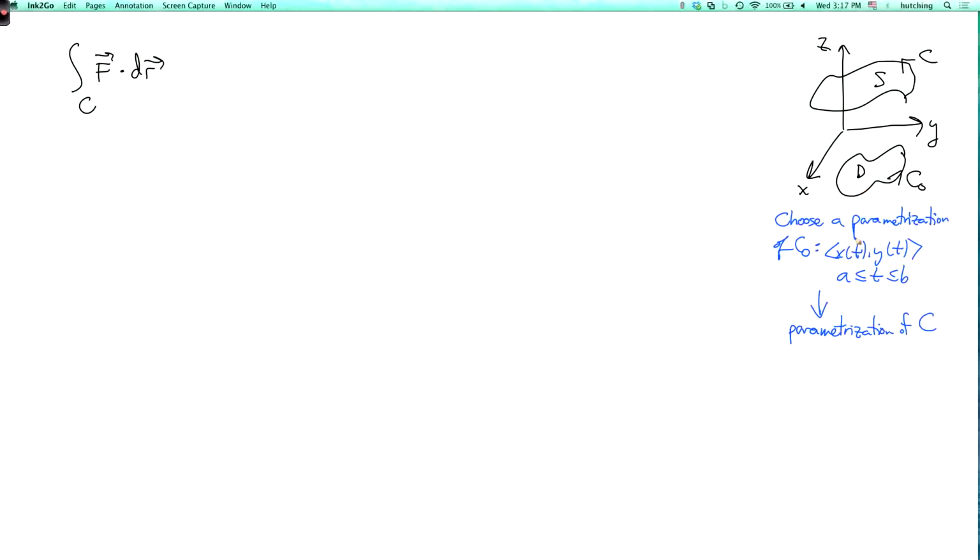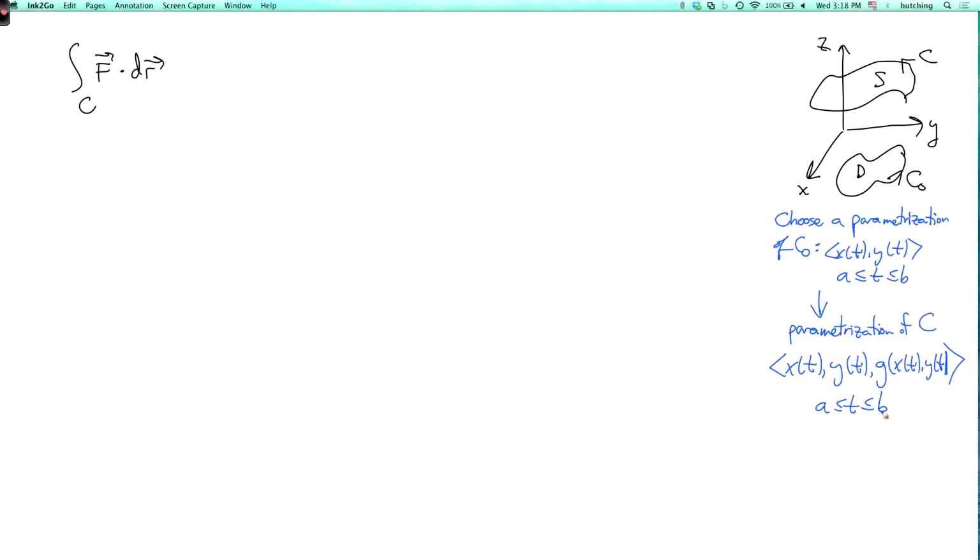Then we get a parameterization of C, so for each point in C0, I just take the point in the graph which is above that. So that's x of t, comma y of t, comma g of x of t, y of t. And again, t goes from a to b.